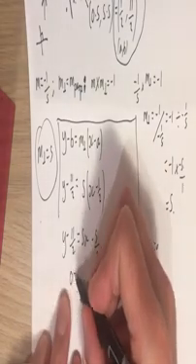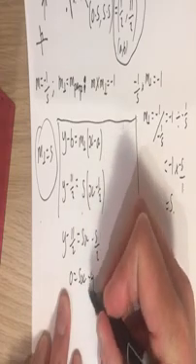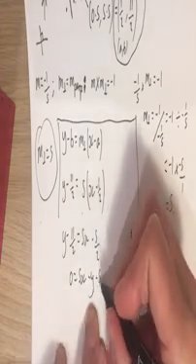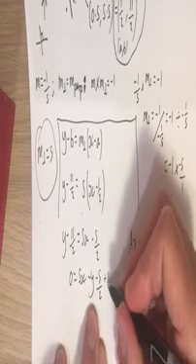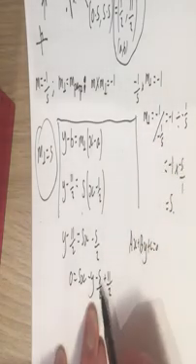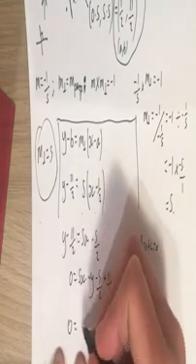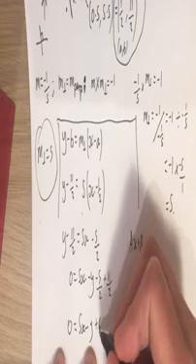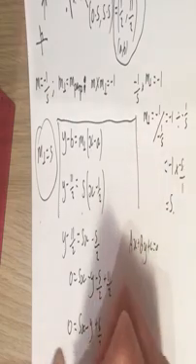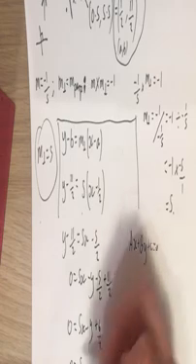So I'm going to have 0 equals 5x minus y minus 5 over 2 plus 11 over 2. Minus 5 plus 11 is 6. So 0 equals 5x minus y plus 6 over 2, which means that 0 equals 5x minus y plus 3.